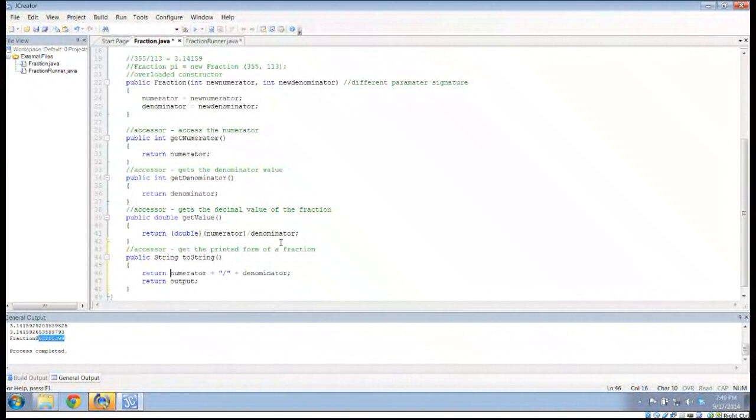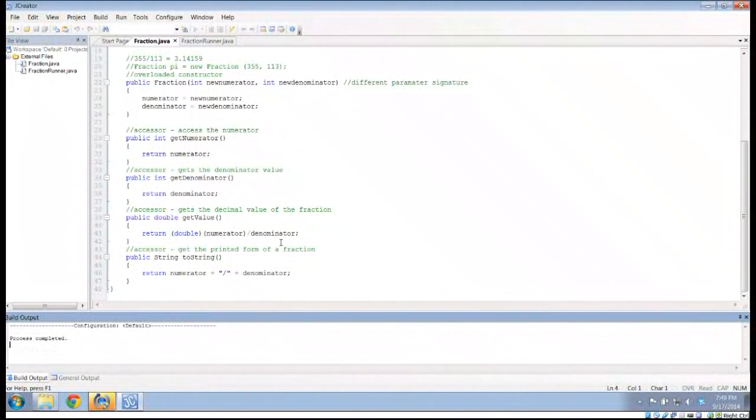Return numerator plus a quote slash quote plus a denominator. And this is just something that we do to make things work out.